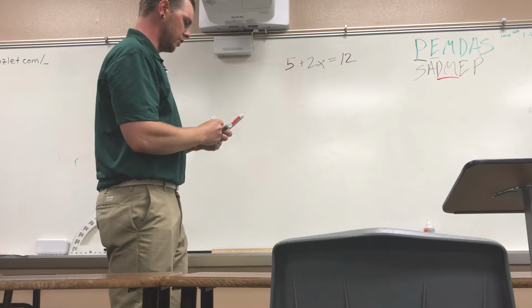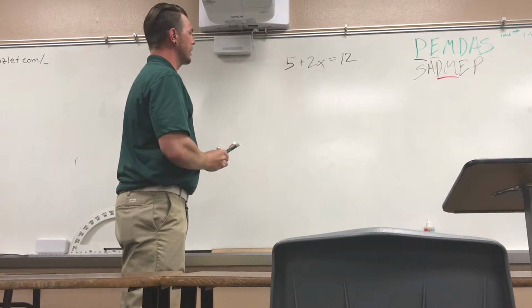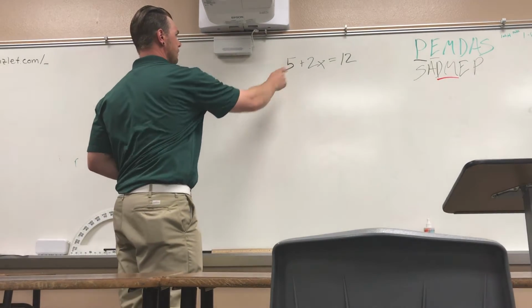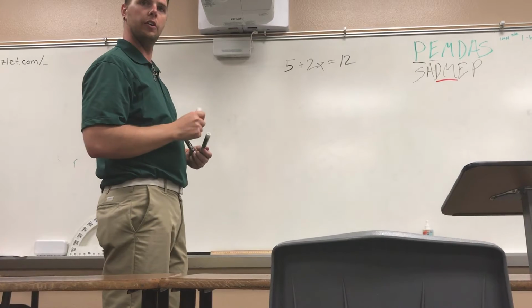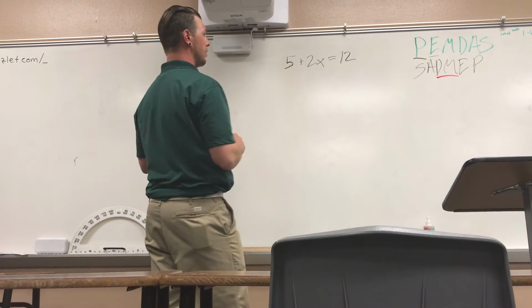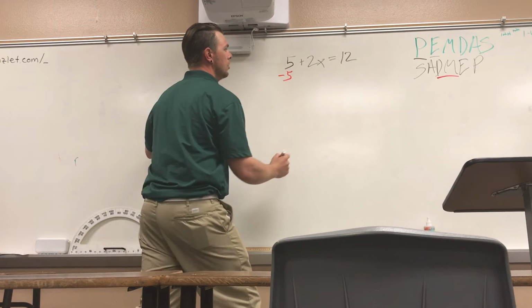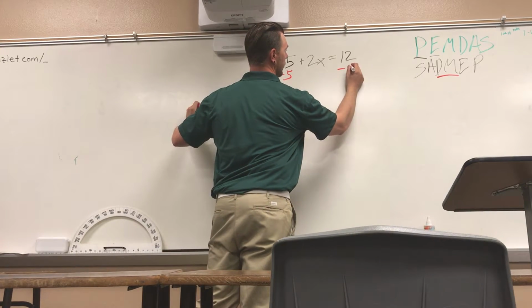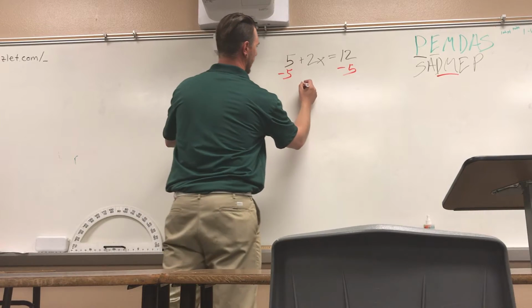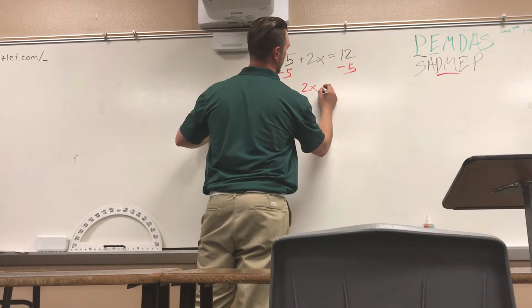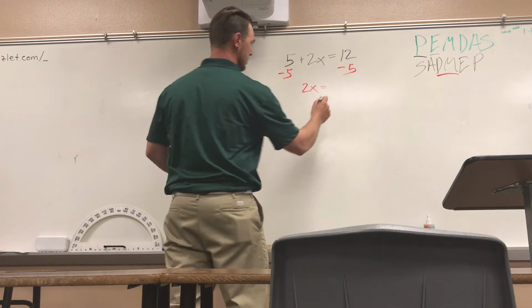All right. So, when we look at this problem, we got to get that 5 first. So, the first thing we're going to do to get that 5 over on the other side is we're going to subtract 5. So, we're going to subtract 5 over here. We're going to have 2x equals 7.